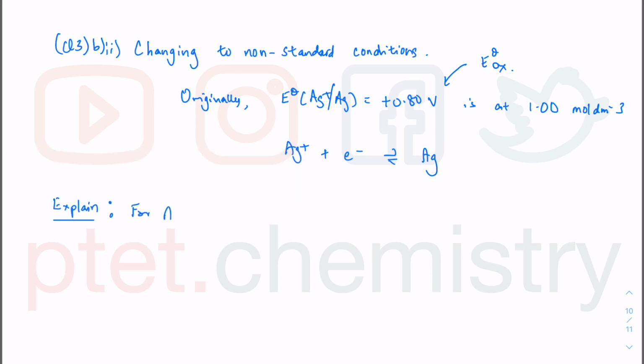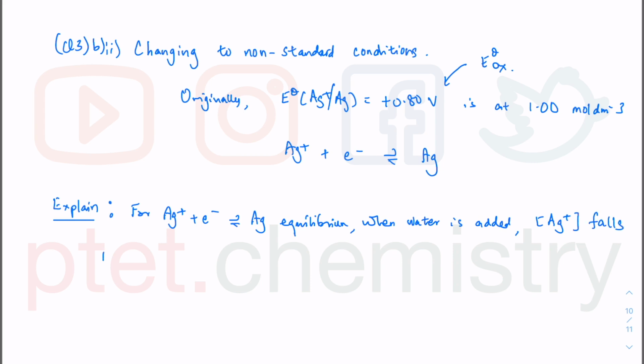So for the Ag plus electrons going to Ag equilibrium, when water is added, you are diluting the concentration, so Ag plus falls below the standard 1.00 mole per dm cube. This is standard condition.